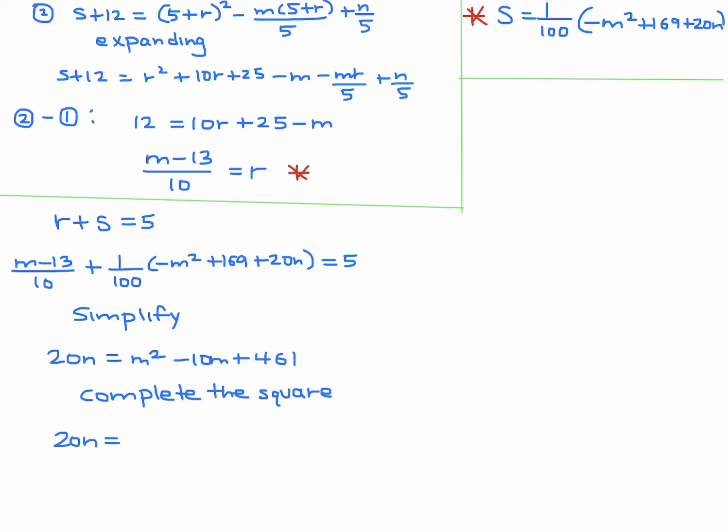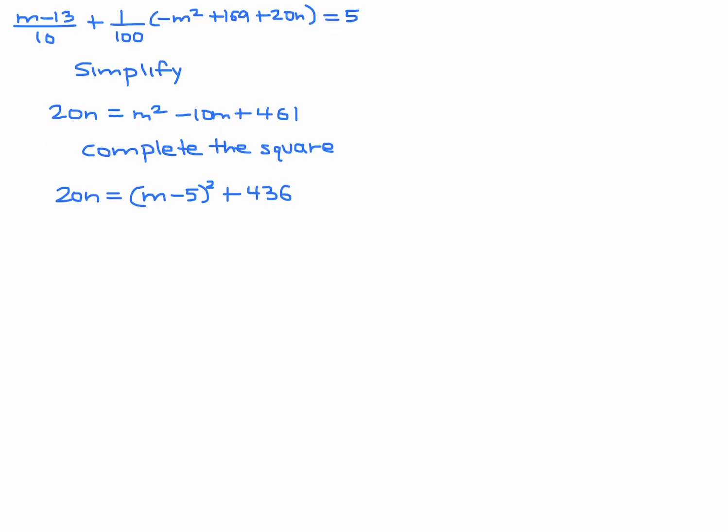And you get 20n is equal to (m minus 5) squared plus 436. All right. So now let's talk about this. This is the equation that pretty much we're down to. This is our final equation that we need to discuss.